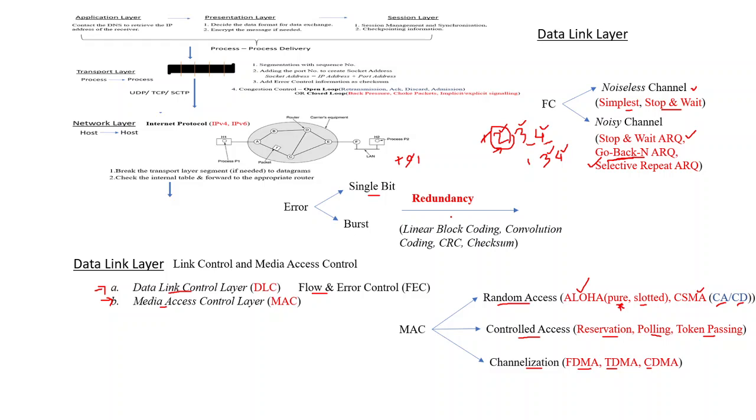Some of you, if you have gone through the data link layer, must have read about those parity bits. Parity bits are in fact also used in computer architecture, right? So that is done using linear block coding, convolution coding, CRC and checksum.